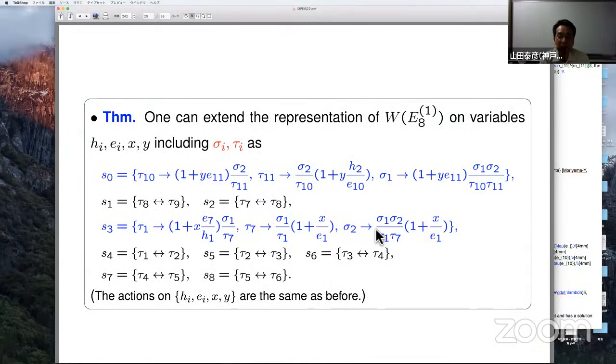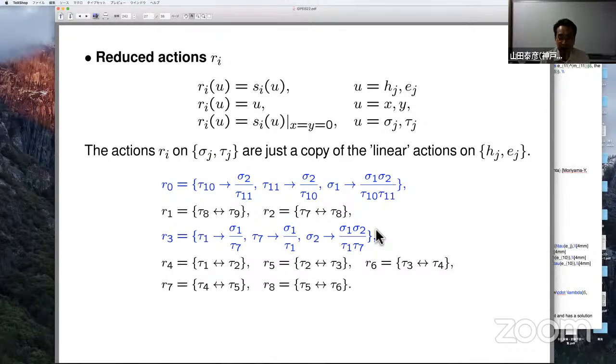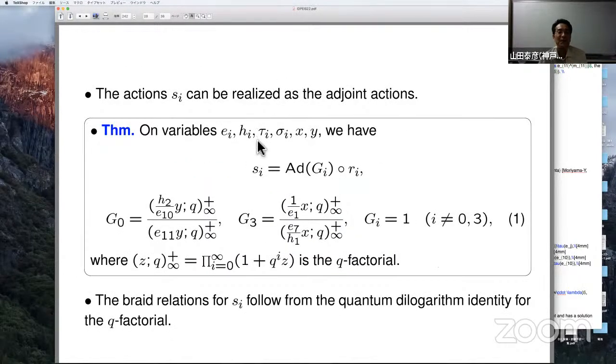And using this R, we have the following realization of the Weyl group action as a joint action.